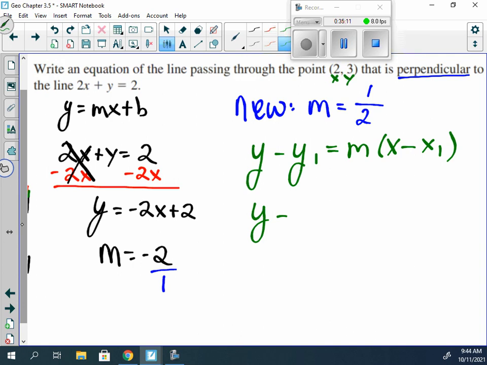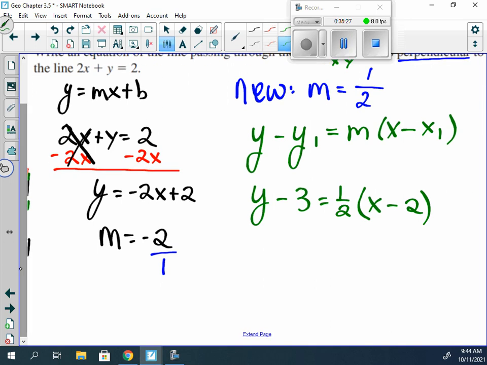So the y value would be 3, and the slope 1/2, parentheses x minus 2. Any questions on how we got this set up?